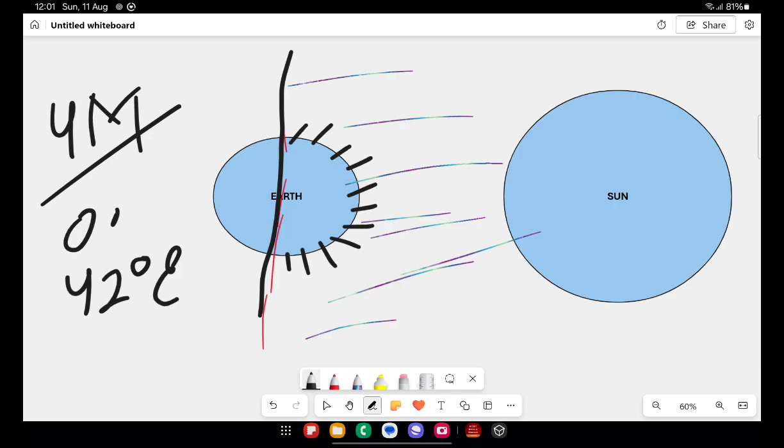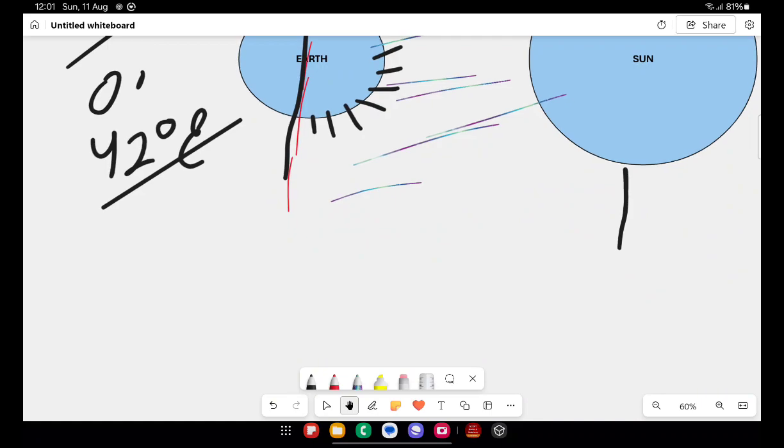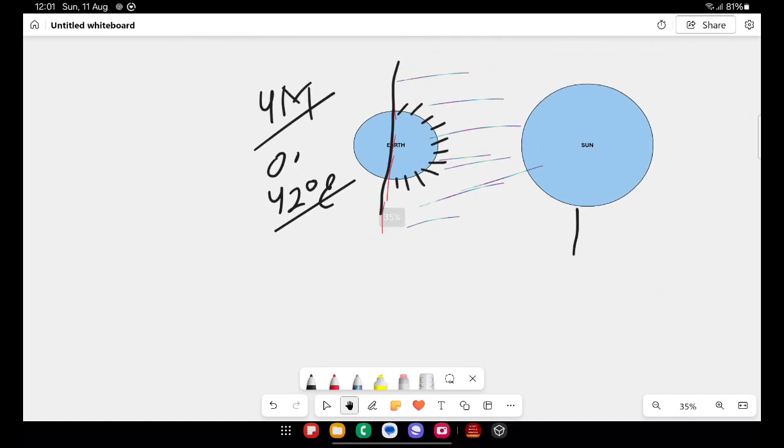Okay, so we know that for every degree, 4 minutes are taken to have elapsed. So now the sun's rays have shifted by how many degrees from prime meridian? 42 degrees. So how many minutes have passed from the time at Greenwich?